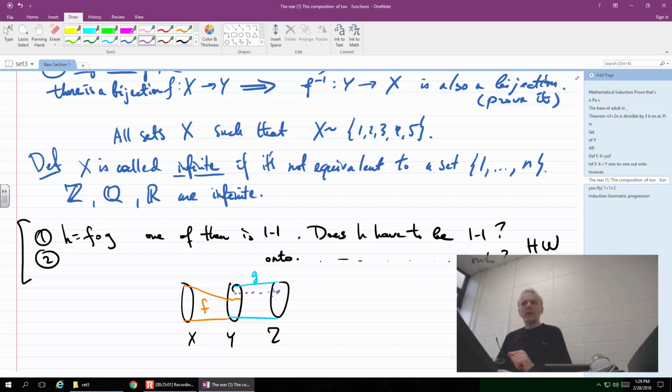Pick two sets with two elements in them, or one, and see if it works out. You can illustrate this with each of them having two elements. Or how about X has one element and Y has two, and Z also has two. Okay, you see what I'm saying?